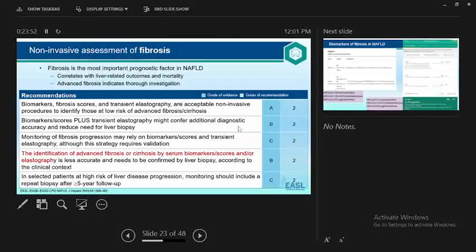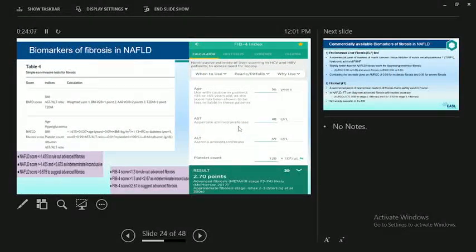However, monitoring of fibrosis progression using biomarkers, scores or transient elastography needs to be further validated. We are not quite sure about that. The identification of advanced fibrosis or cirrhosis by biomarkers or scores may be less accurate.